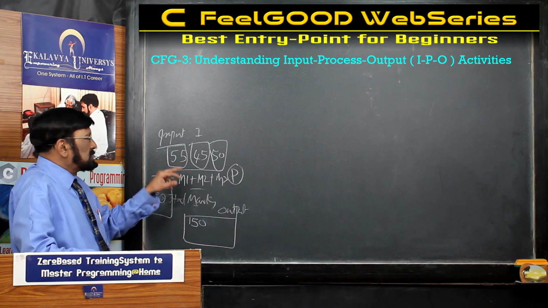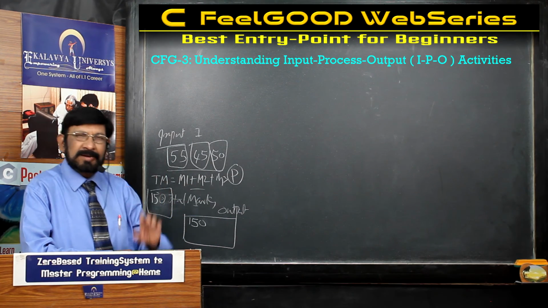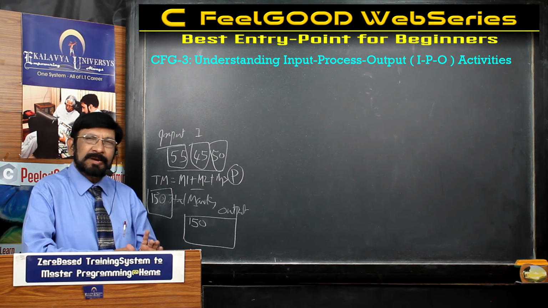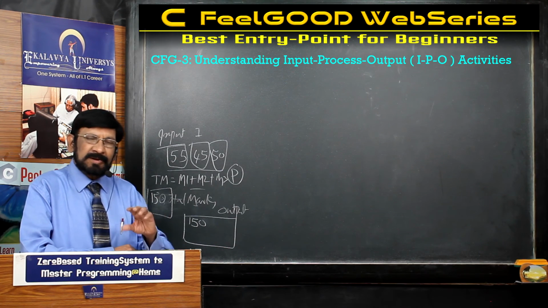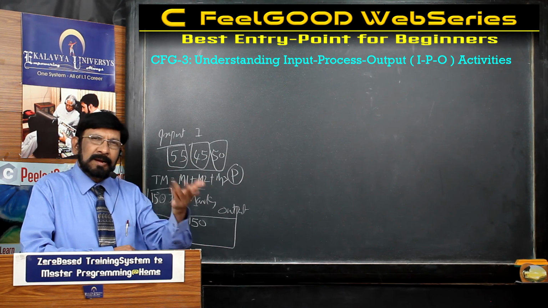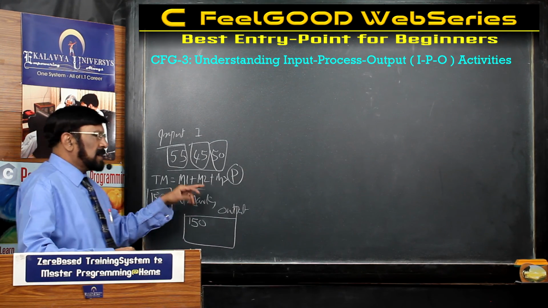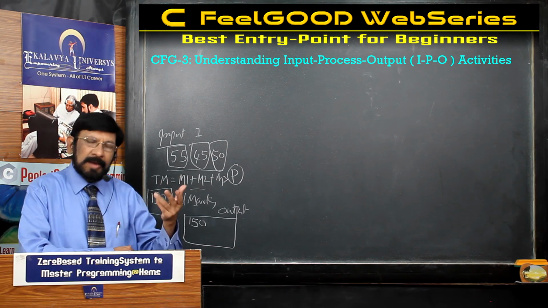So what does your program do? There are other things also, which I will explain a little later. Mainly three sections are there. The input section is called the reading section. The second one is the processing section, where we write some formula depending on the problem, and required values like total marks are calculated.